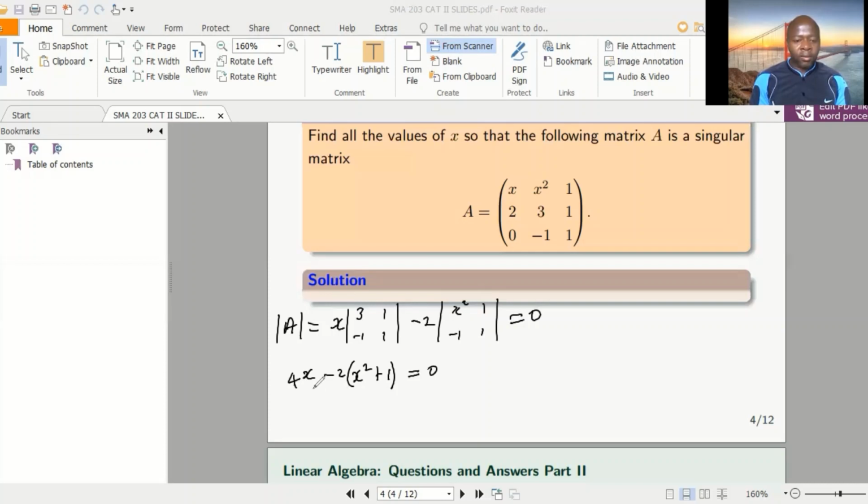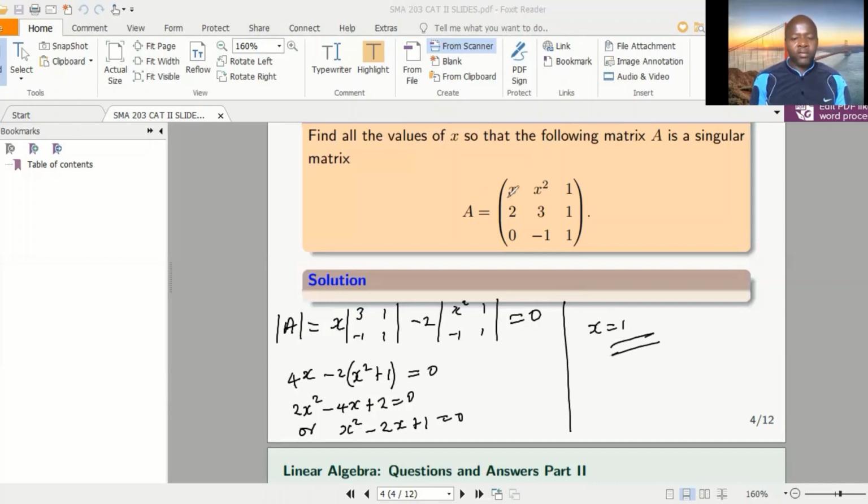Take the other side, so this becomes 2x squared minus 4x plus 2 equals 0, or x squared minus 2x plus 1 equals 0. This is a quadratic equation which we can solve by either factorization or use of the quadratic formula. When you do that, you find that x is 1.